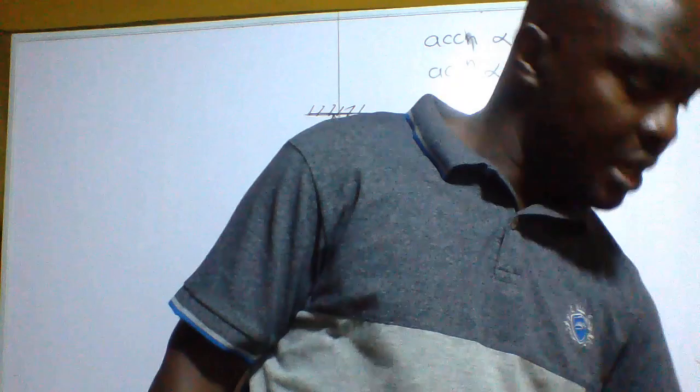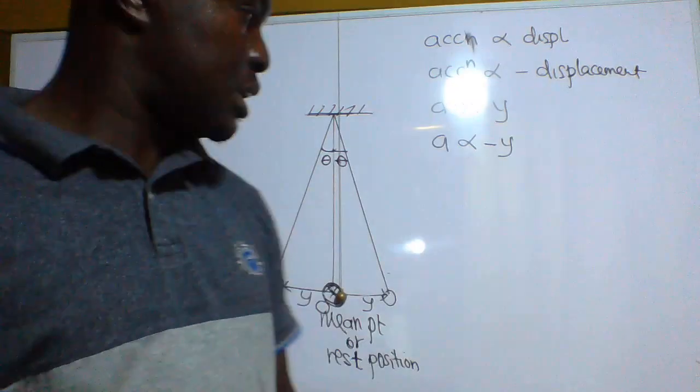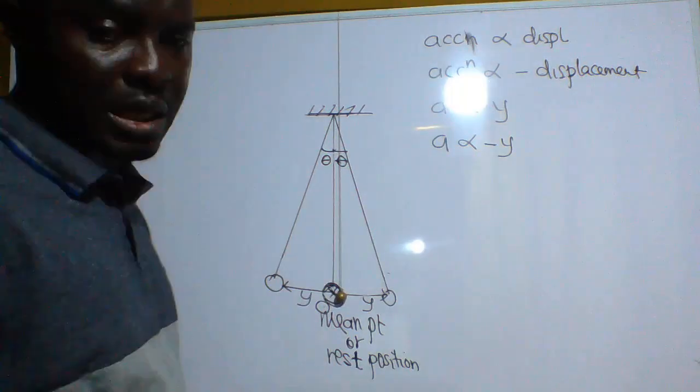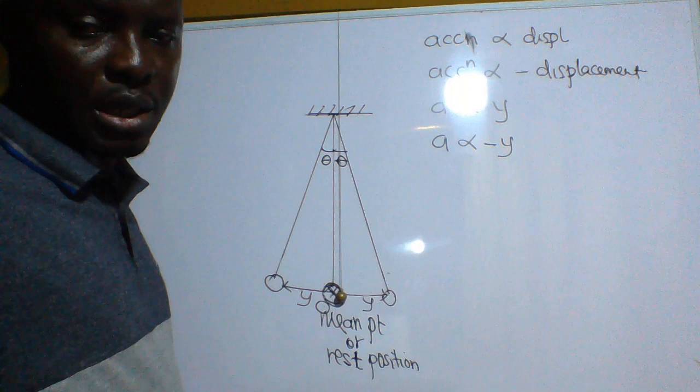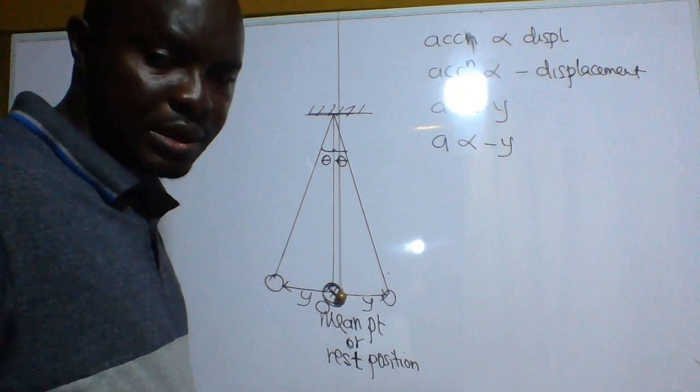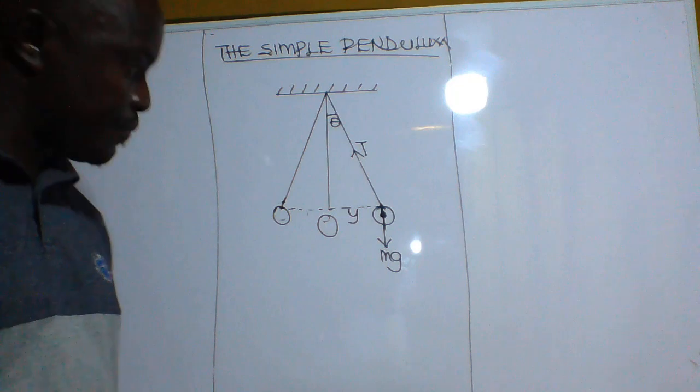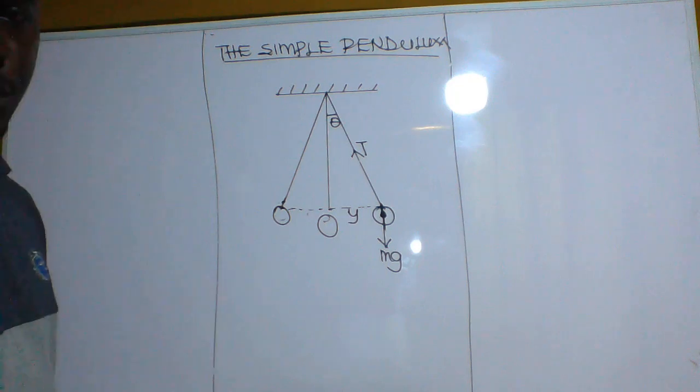Today we are only looking at the motion of the simple pendulum, and then we shall see why we describe it as simple harmonic motion. So this is the simple pendulum.